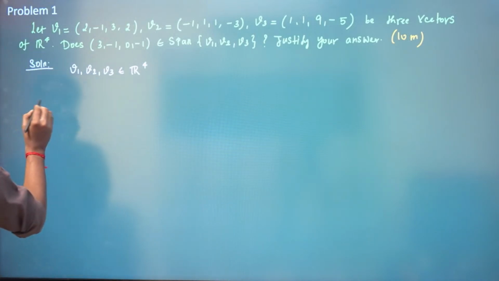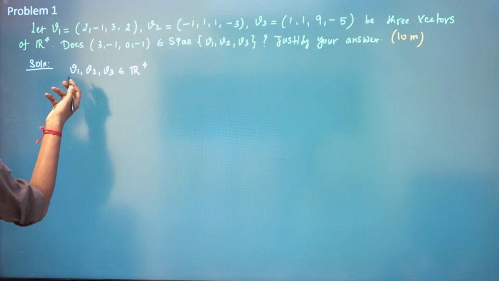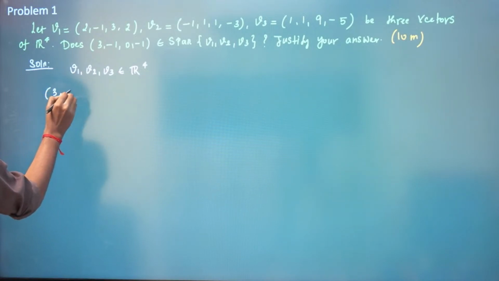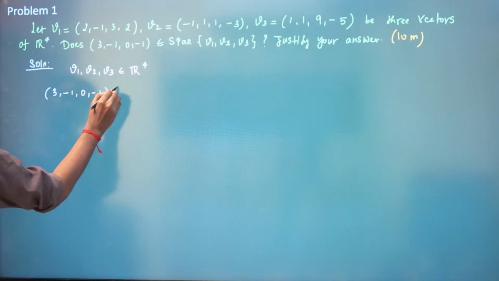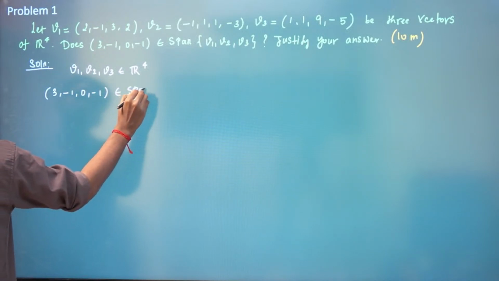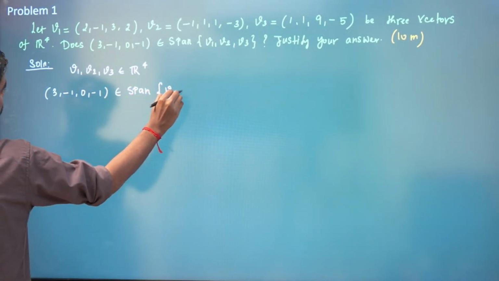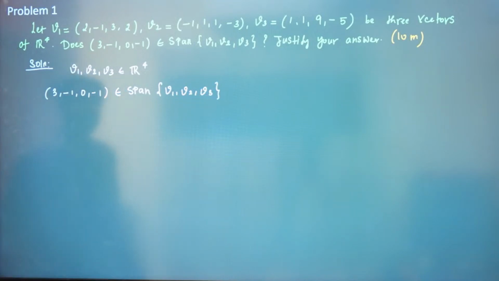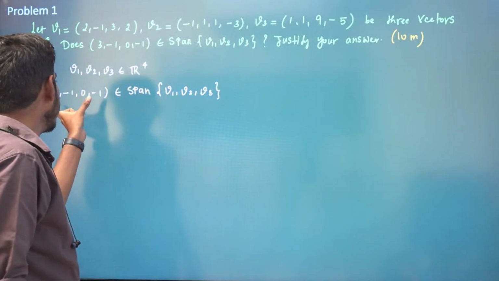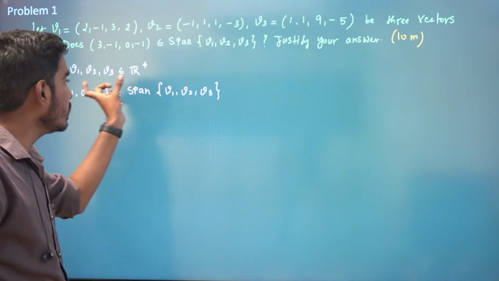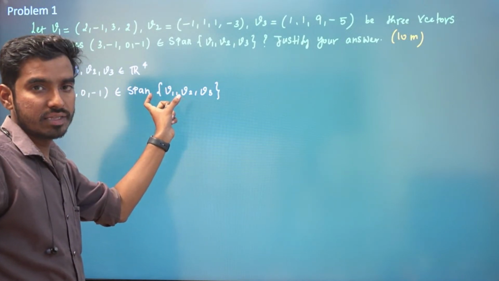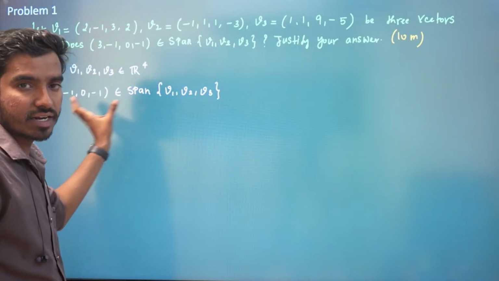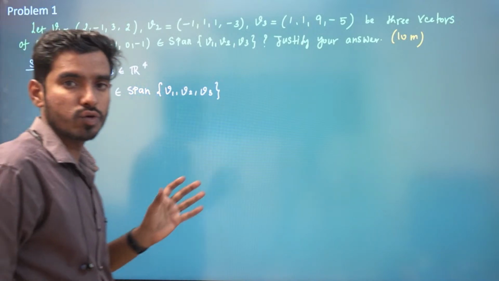Now we need to say whether this vector (3, -1, 0, -1) belongs to the span of v1, v2, v3. If this vector can be written as a linear combination of these vectors, then we can say this vector is in the span of v1, v2, v3.